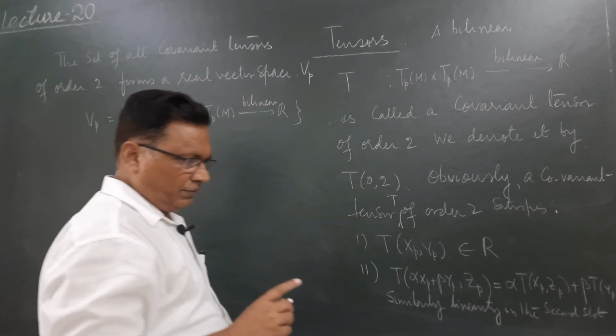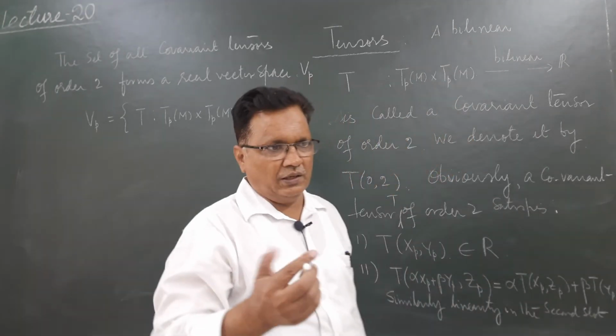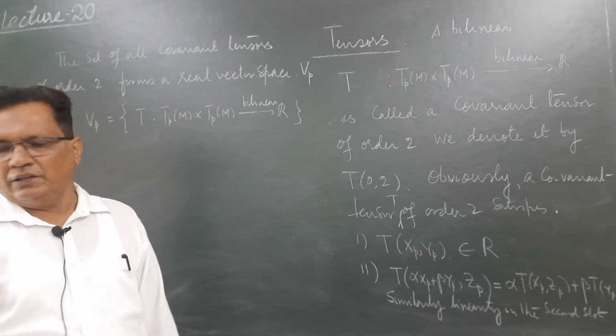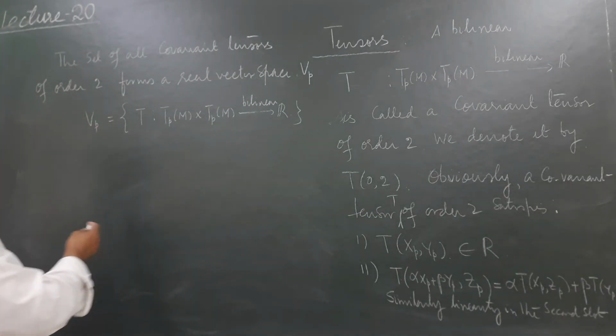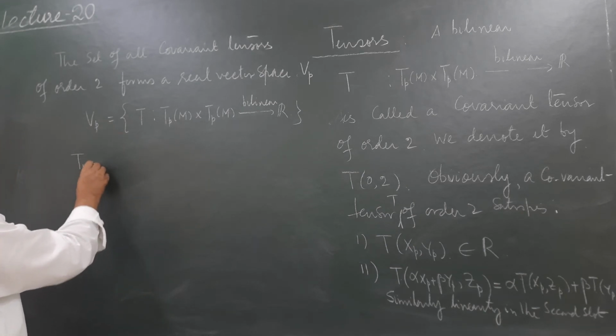ये थोड़ी देर अपने दिमाग में इसको रियलाइज़ कर लीजिए कि ये कैसे वेक्टर स्पेस होगा. उसके लिए आपको एक एडिशन चाहिए होगा और एक स्केलर मल्टीप्लिकेशन आएगा. तो it is easy to see. I will define pointwise addition. Suppose I have two covariant tensors T1 and T2.